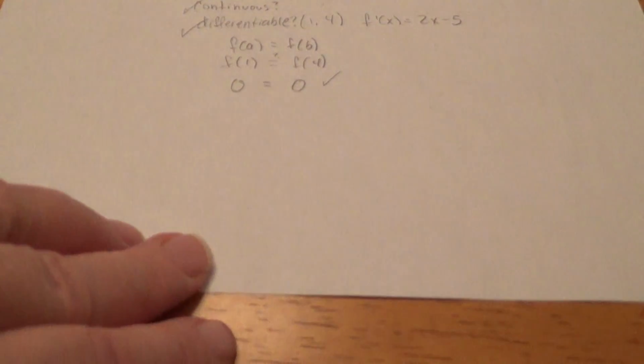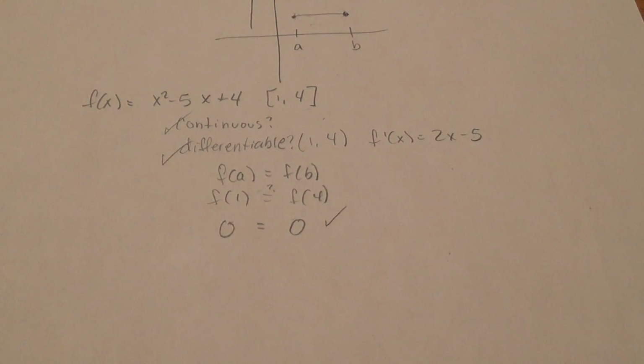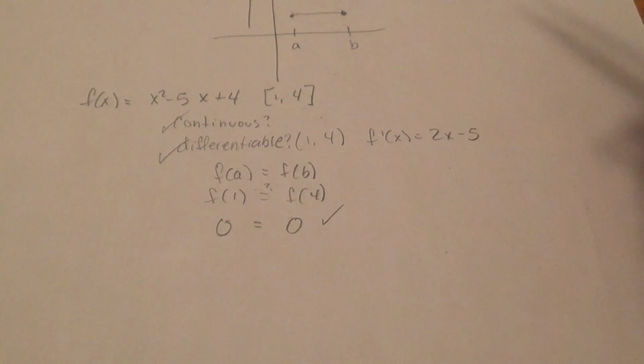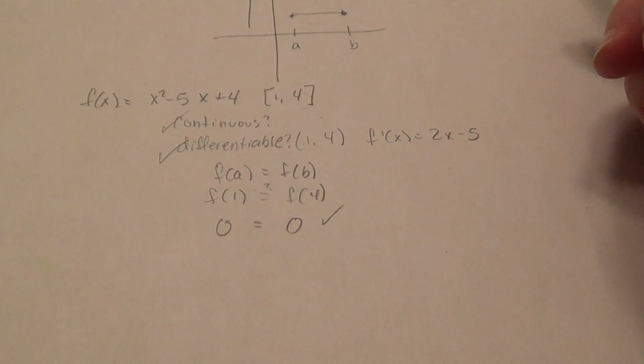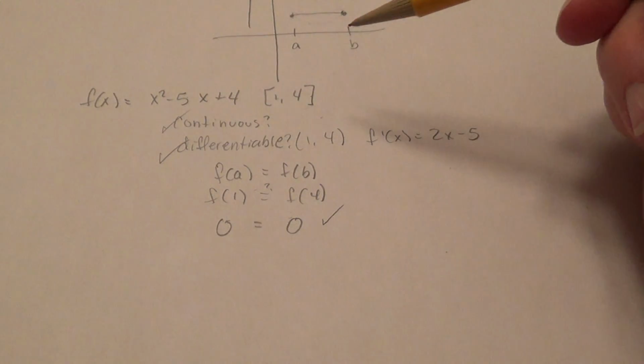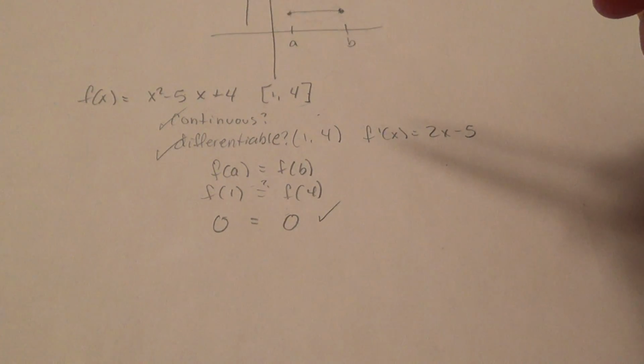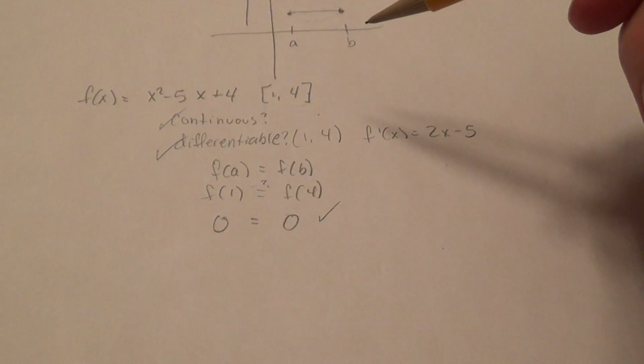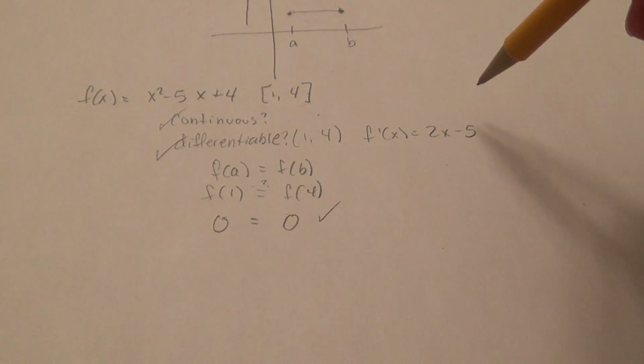So once you meet all those requirements, then you can say that there is at least one number between 1 and 4 where the derivative is 0. And that's what Rolle says. It's an existence theorem. All he's saying is that such a number exists.